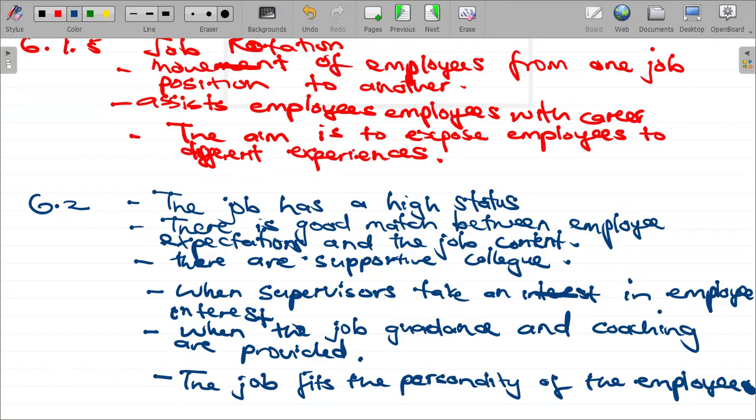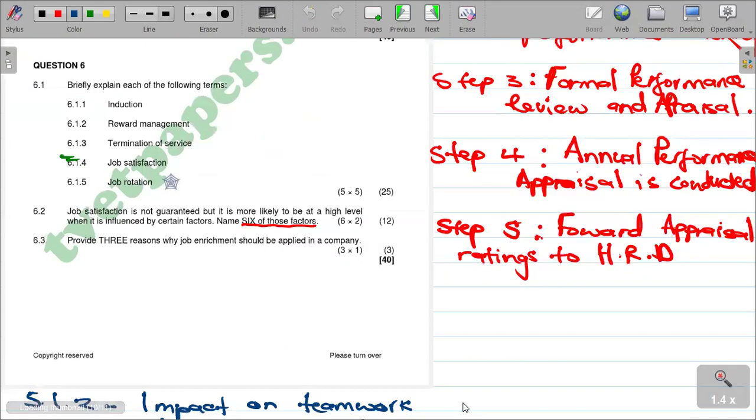Okay, let's go to 6.3. Provide three reasons why job enrichment should be applied in companies.